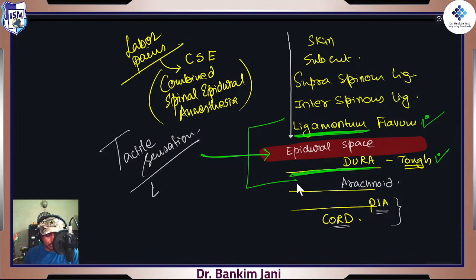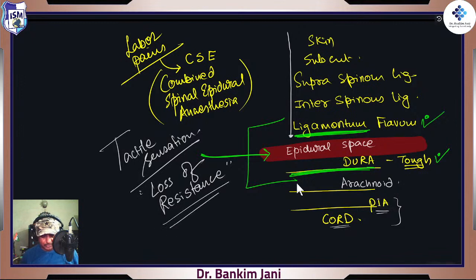There is loss of resistance. This is the feel. It is called the loss of resistance feel. So when it happens, yes, now you know that you are into epidural space. So just casually, I took this.